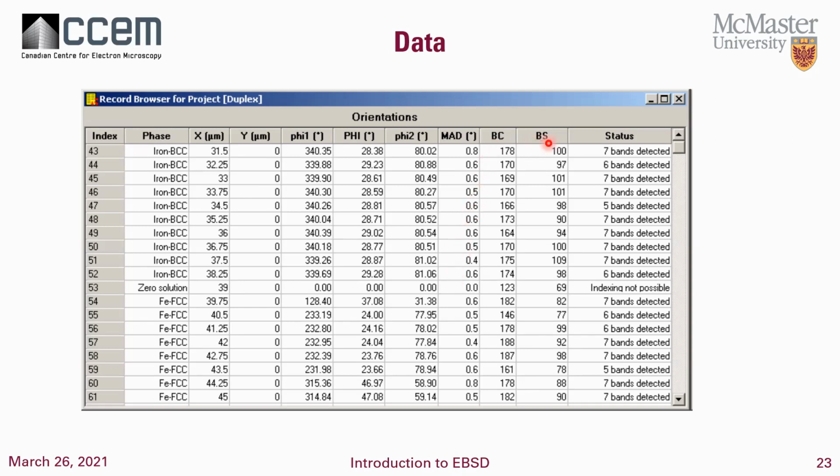And we also have some pattern quality measurements, which are band contrast and band slope, which can be used for determining certain things like martensite versus ferrite content. But these are collected before we actually analyze the pattern. Those are based on the actual pattern properties itself and the number of bands that were detected for the analysis.